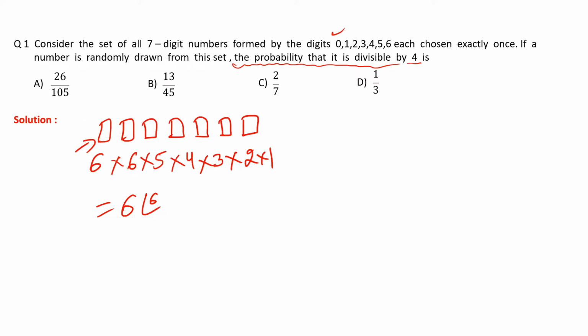For example, take 1824. To check whether this number is divisible by 4 or not, you just check 24. Since 24 is a multiple of 4, 1824 will also be divisible by 4.